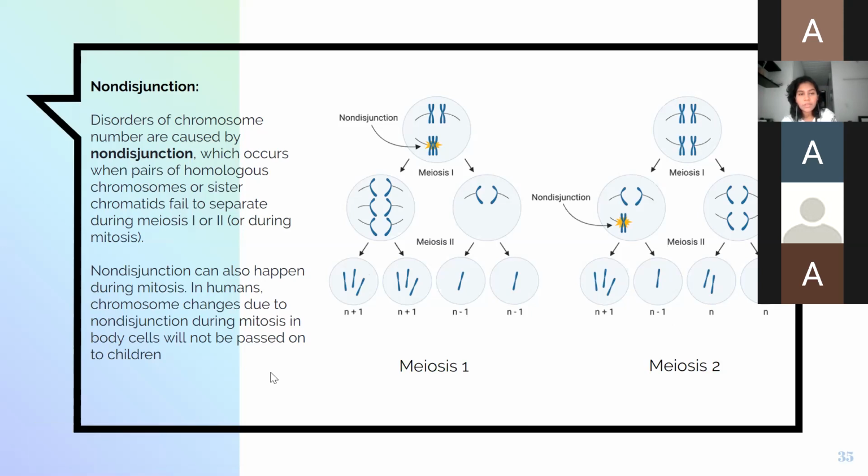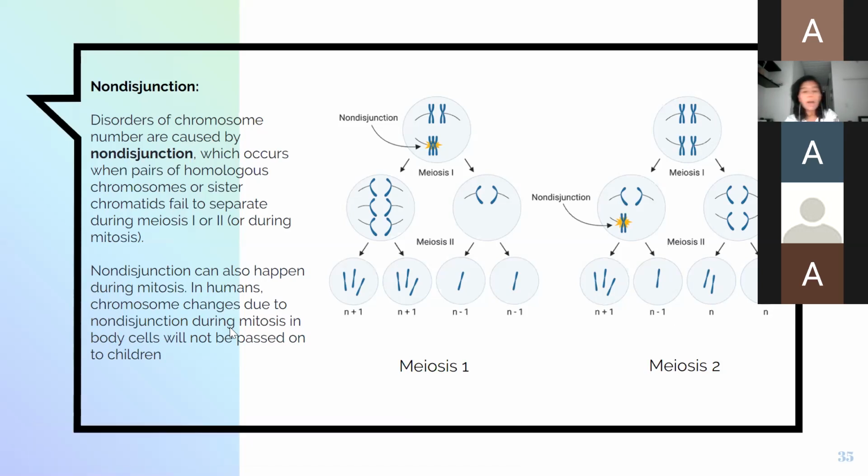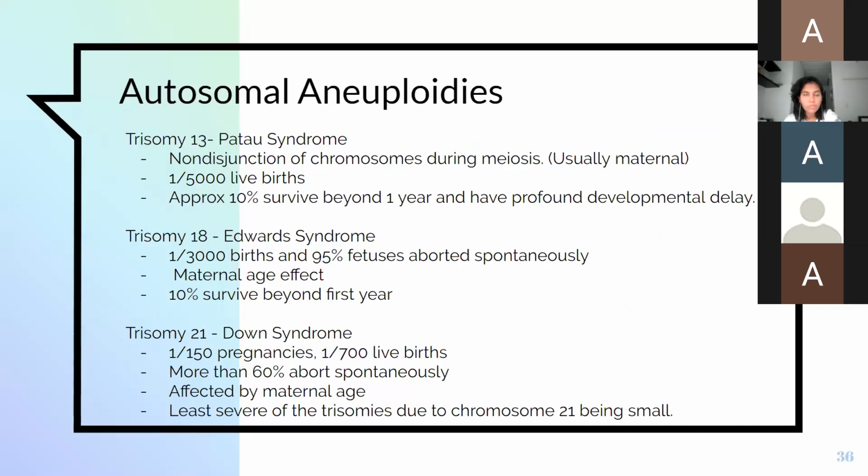And the reason why with mitosis this is not too dangerous is that it can't be passed down to children. It also leads to mosaicism, which is essentially when different cells have different numbers of chromosomes while other cells can have the normal amount. It doesn't really have bad consequences. So these are the 3 autosomal aneuploidies that we learned.